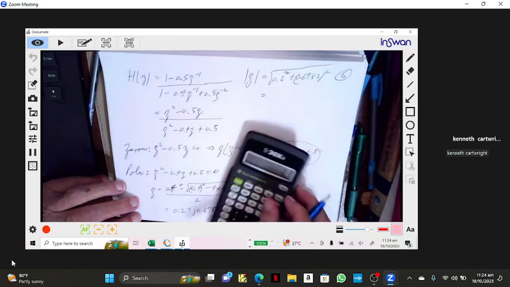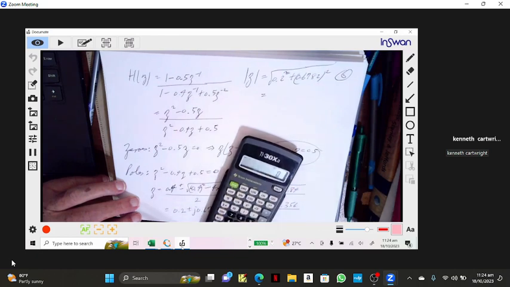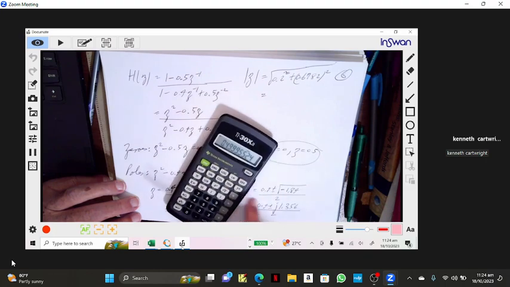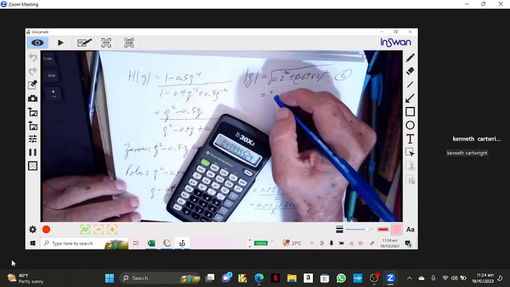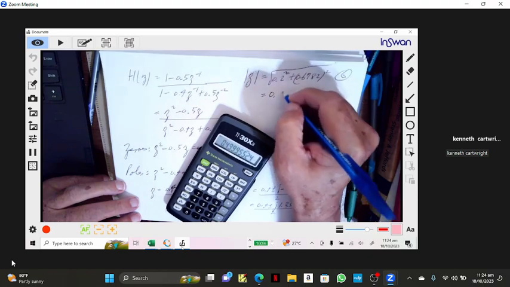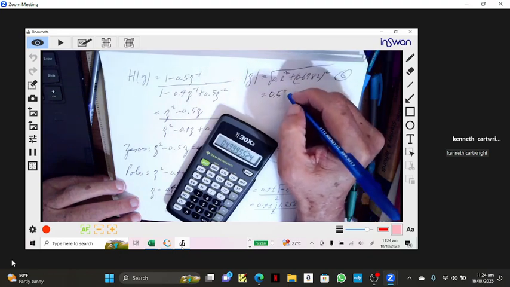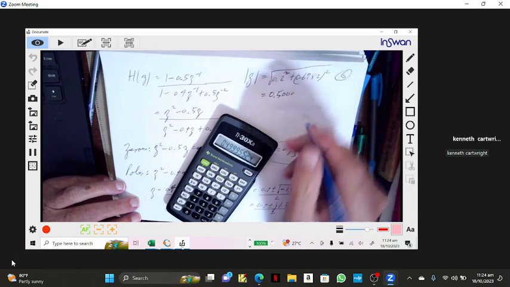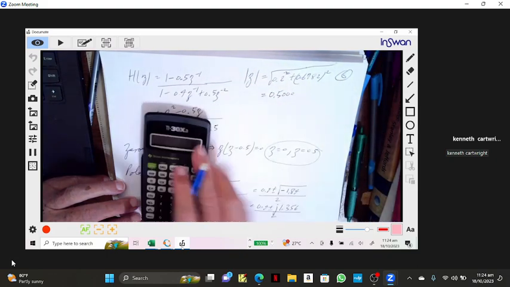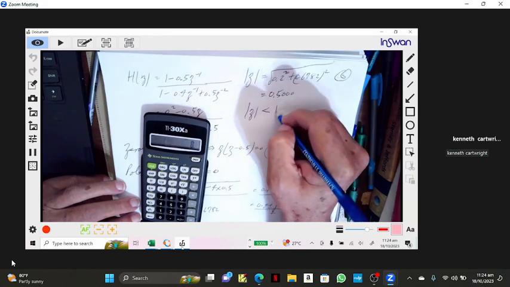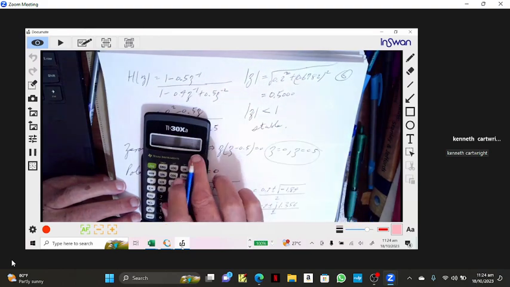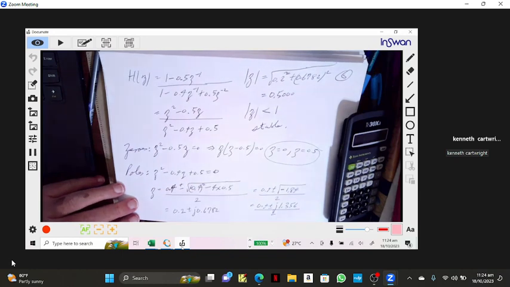0.2 squared plus 0.6782 squared, square root, is 0.5. So the magnitude is less than 1, stable. Any questions about that?